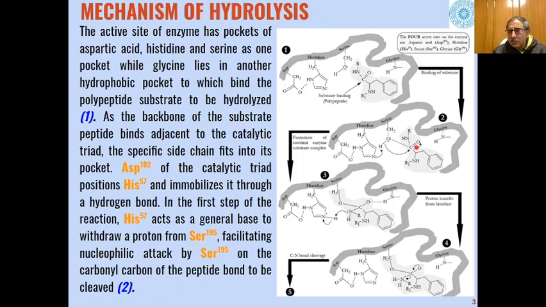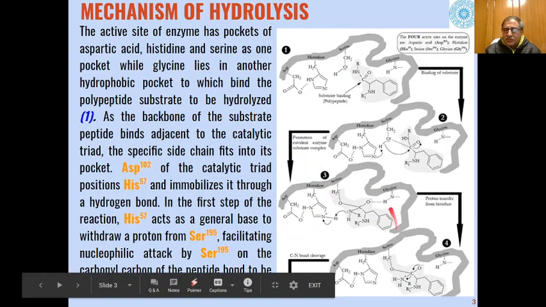The carbon-oxygen double bond will get converted into a carbon-oxygen single bond with negative charge on oxygen, and this negative charge will be neutralized by the fourth active site in the form of glycine. So a covalent enzyme substrate complex of this nature is formed in the third step.